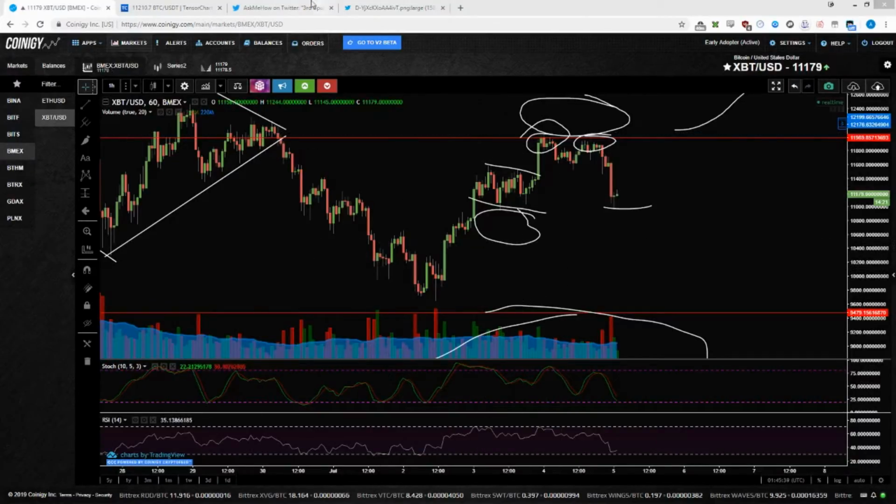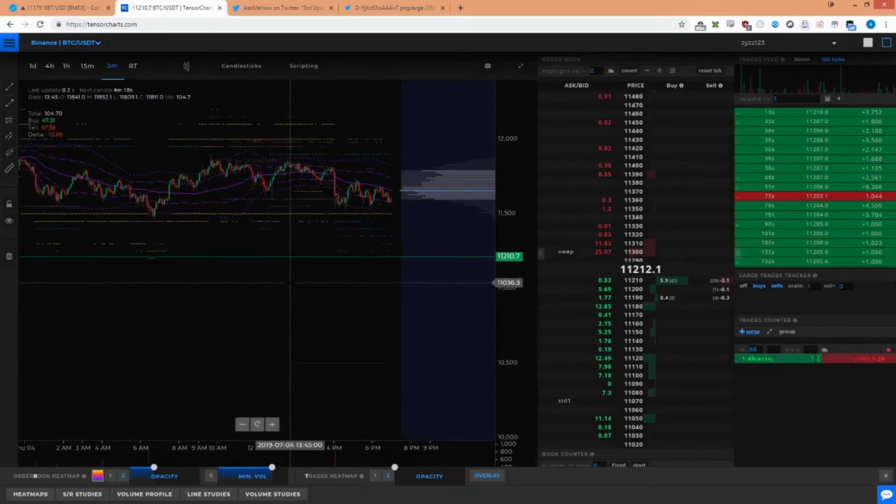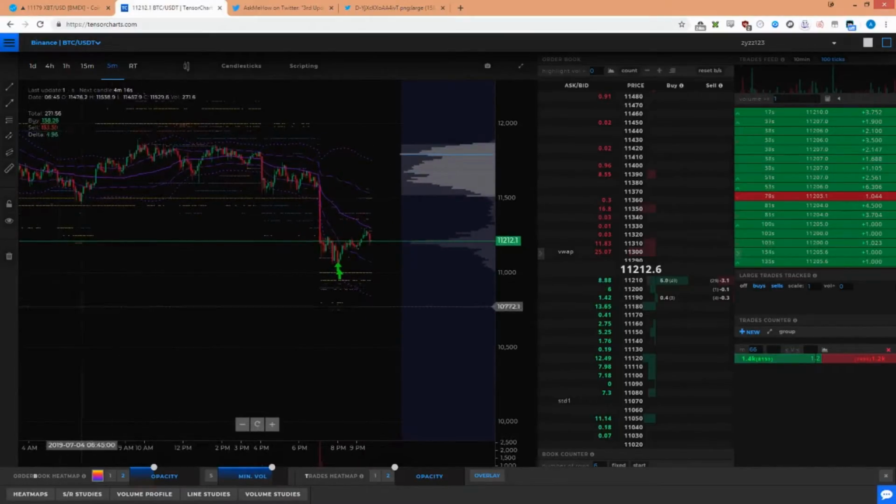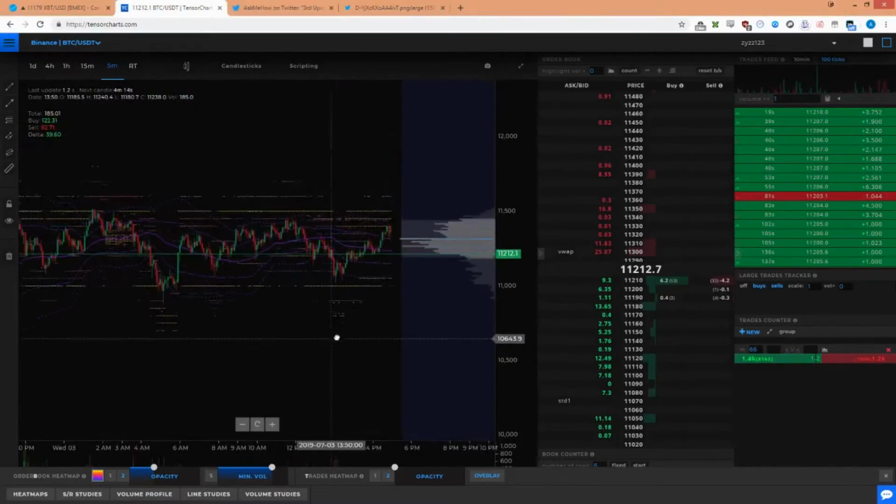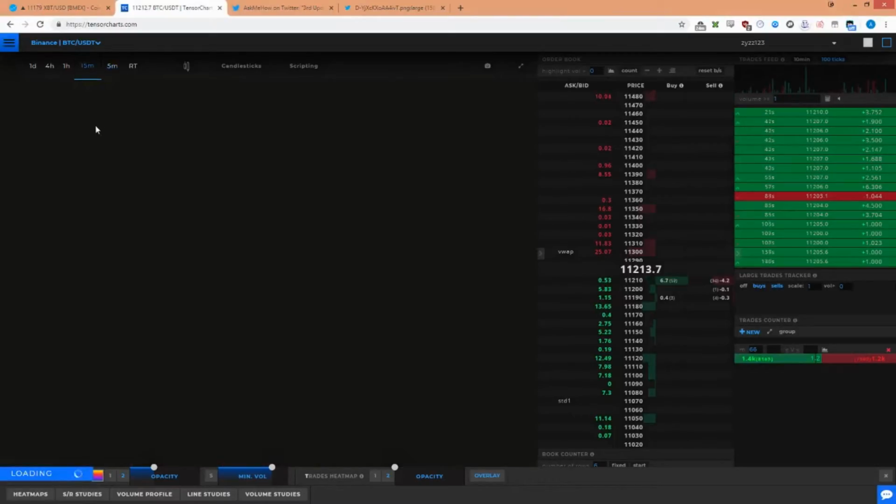I can't tell if a big pump or dump is going to happen, but I can tell if a reversal might happen.